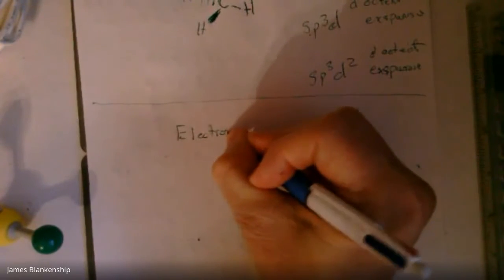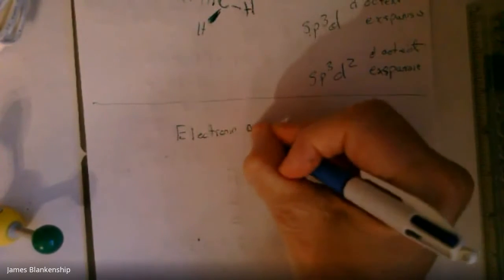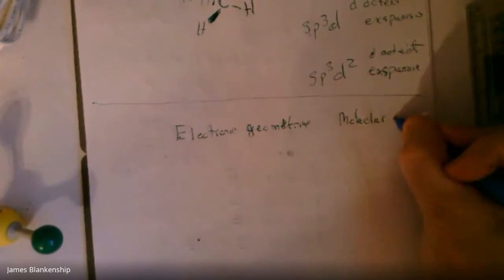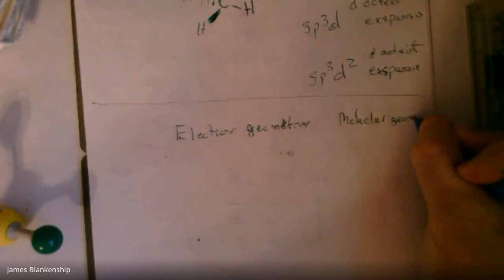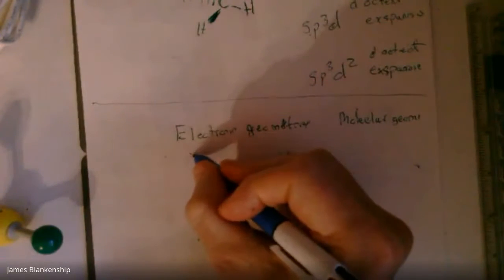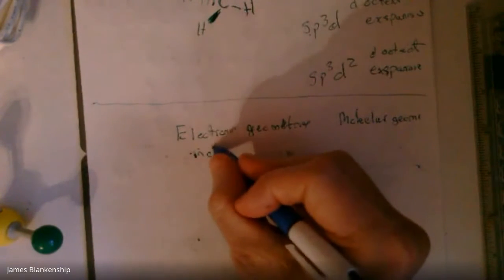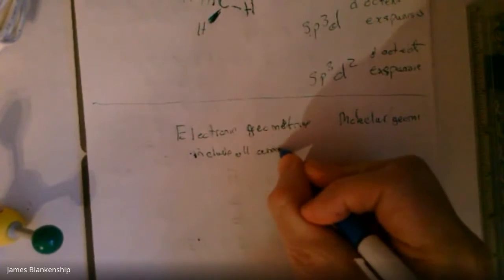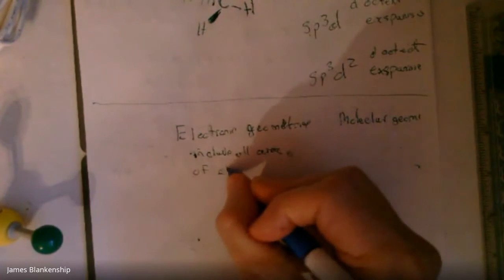Now we're going to talk about how you break the difference between electronic geometries and molecular geometries. Electronic geometries include all areas of electron density.